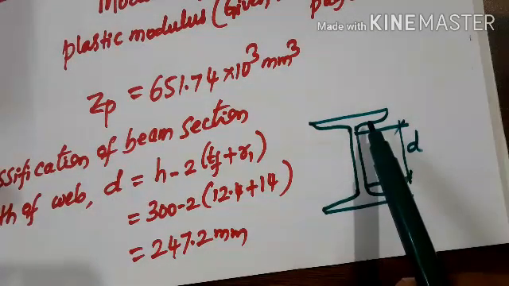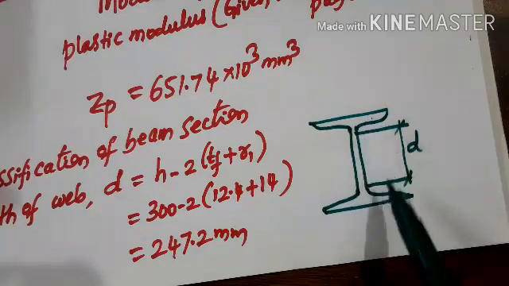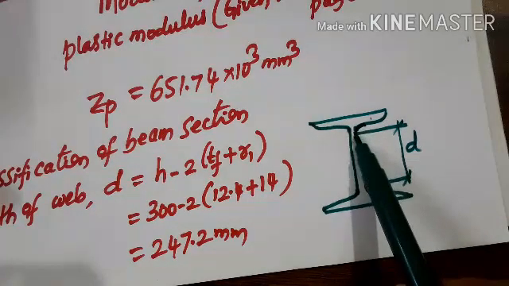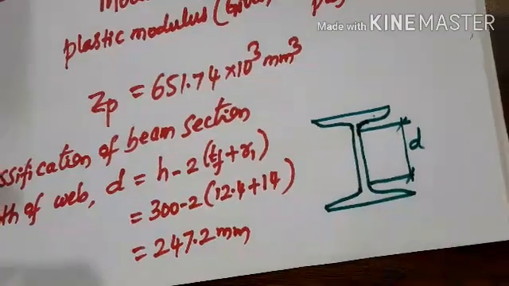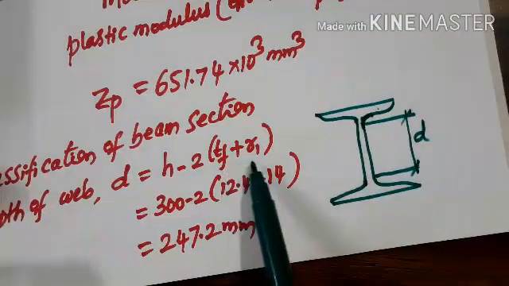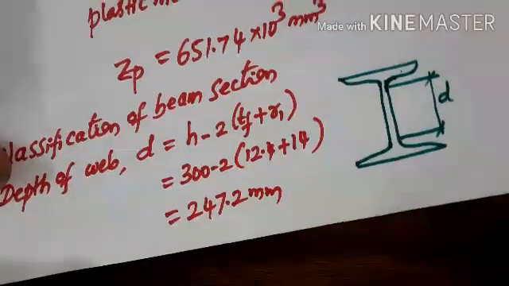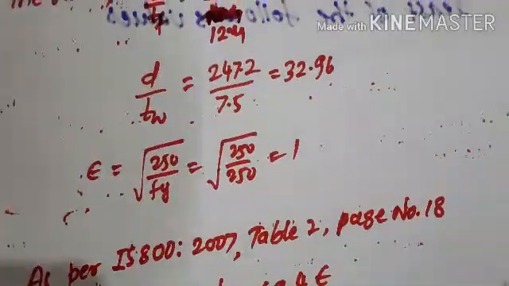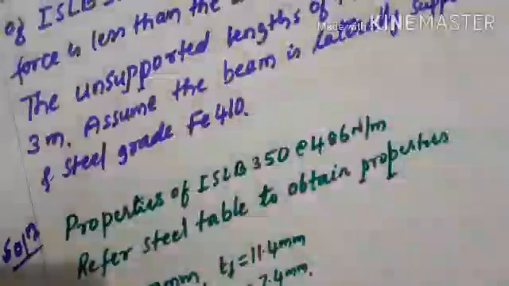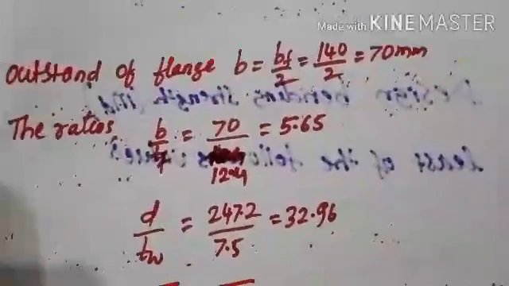That's why we have to deduct 2 flanges plus 2 root fillets R1, that is, thickness of flange plus R1. So you'll get the depth of web as 247.2 mm. Next, you have to calculate the outstand flange width.